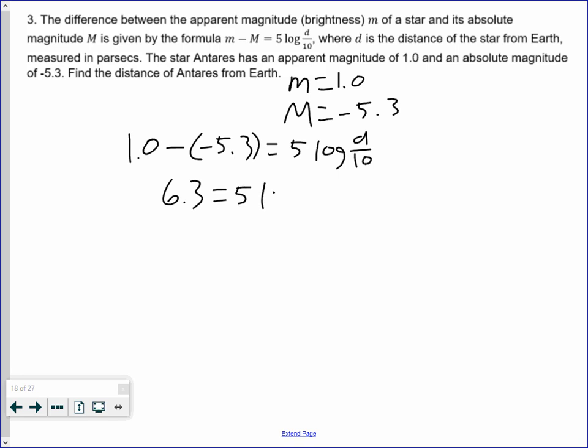That equals 5 log of D/10. Then we're going to divide by 5 on both sides to get rid of that 5 on the right side and to isolate the log. And 6.3 divided by 5 is 1.26. That'll equal log of D over 10.